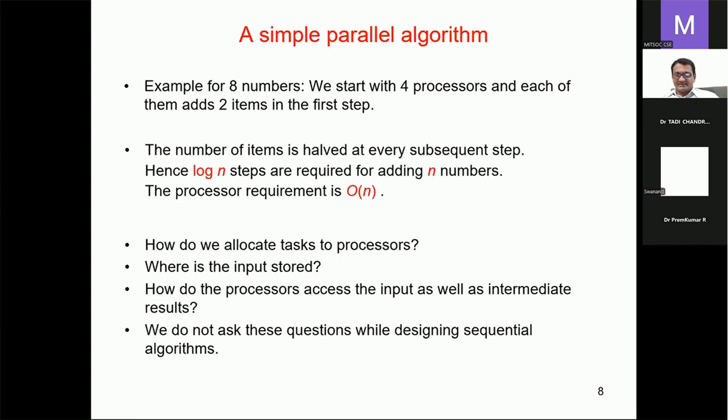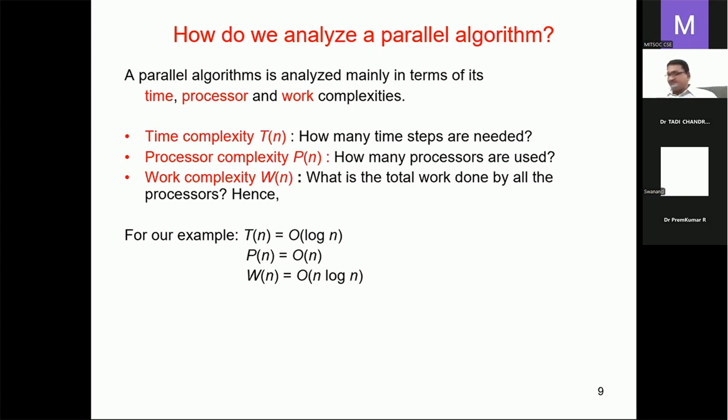So be ready to understand some mathematics on the next slide. How do we analyze parallel algorithms? Please, friends, my colleagues, note down: there are 3 parameters to analyze a parallel algorithm. These 3 parameters are time complexity, processor complexity, and work complexity. Please understand it carefully.